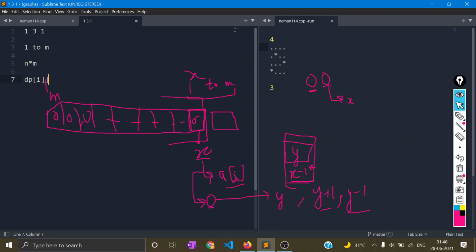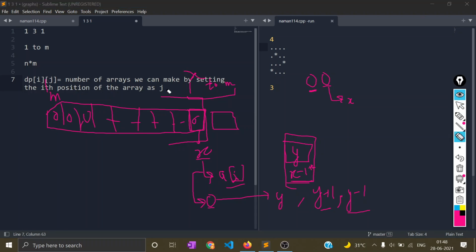So dp[i][j] would represent the number of arrays we can make by setting the ith position of the array as j. So we would be creating a table of size n cross n, actually n cross n plus 1 because of the index.